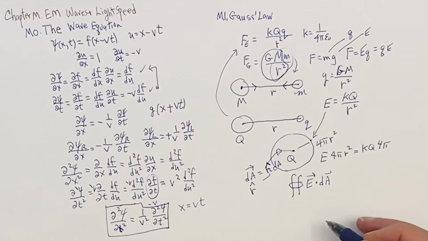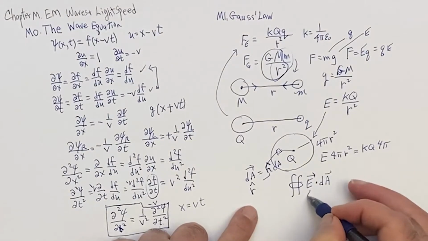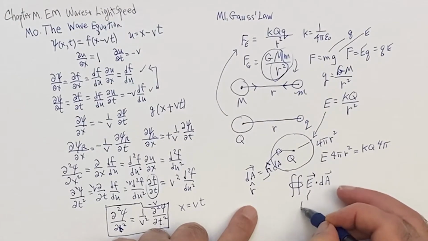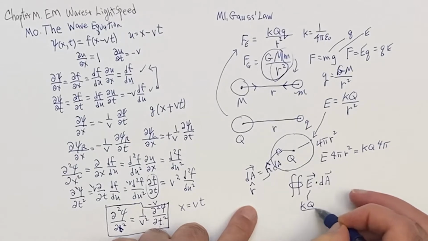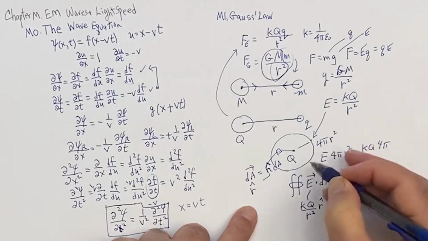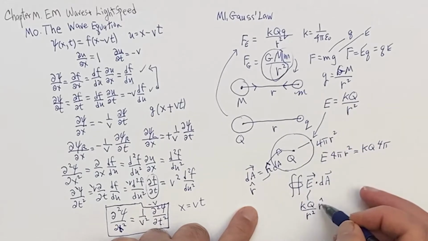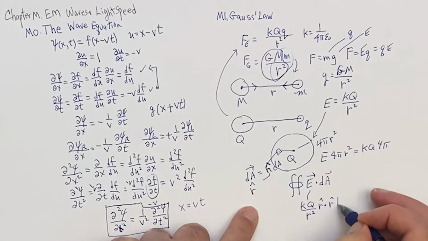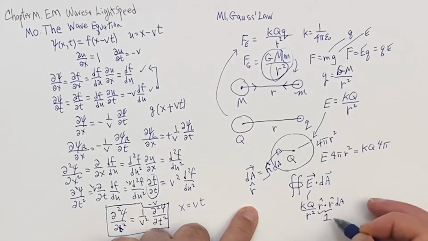So the electric field, which is k q over r squared, r hat, where r hat points away from the center, when you make a dot product with the area like this, two unit vectors, when you dot them, you get 1.